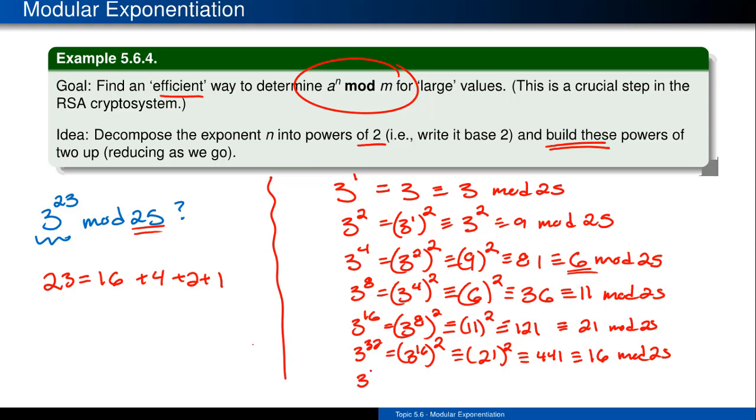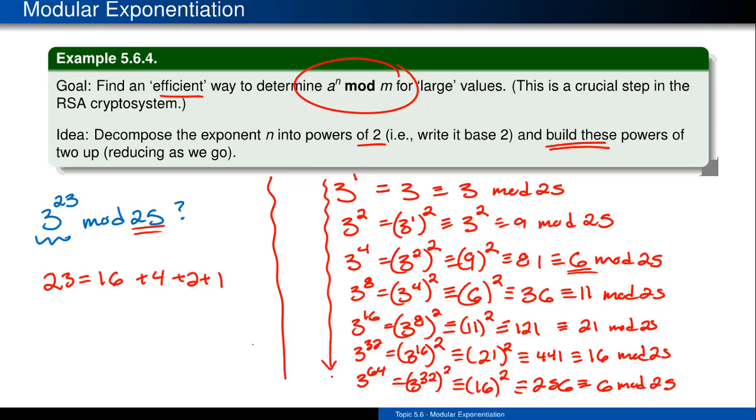I'm going to have 3 raised to the 64th power, which is going to be 3 to the 32nd squared. Well, 3 to the 32nd is that previous step, which is that 16, and that's going to be squared. And 16 squared is going to be 256. If I reduce that thing modulo 25, that's going to kick out a 6, and that's mod 25. So in this case, you can see that you can build up these powers of 3 as I go.